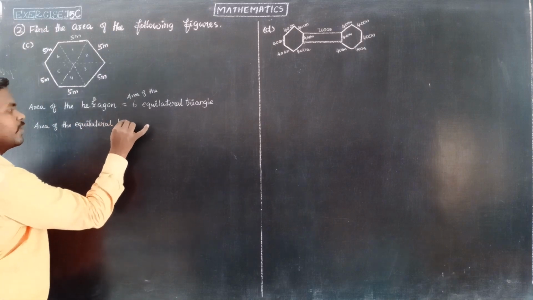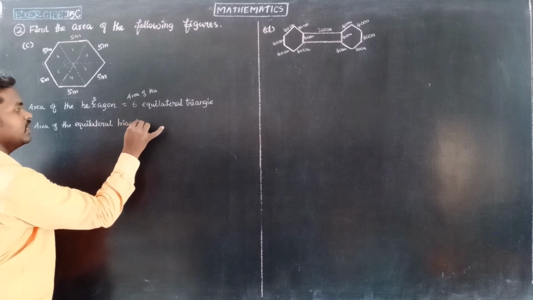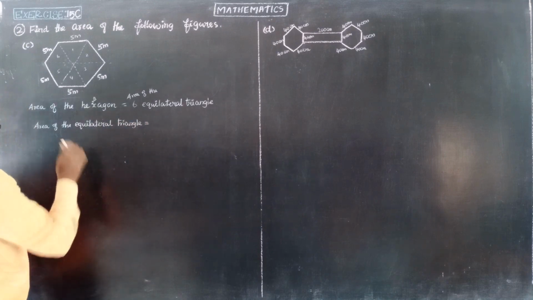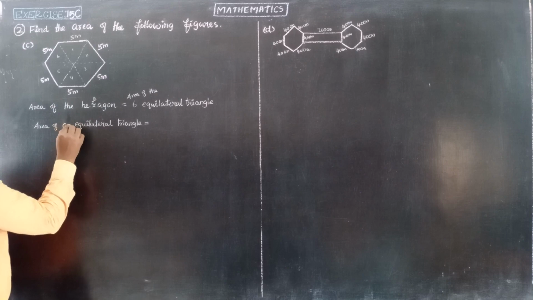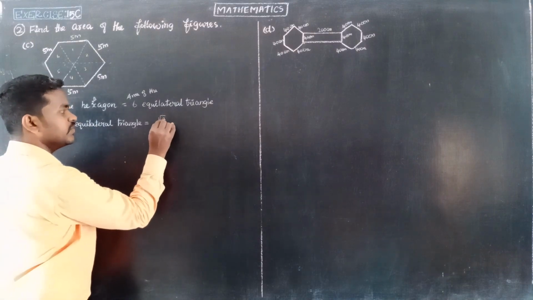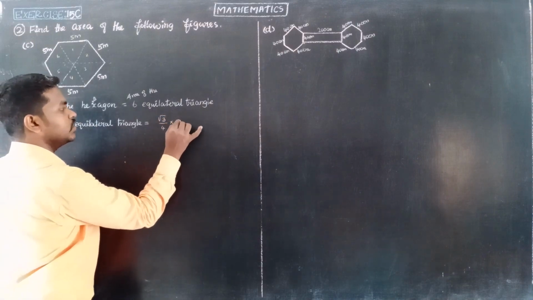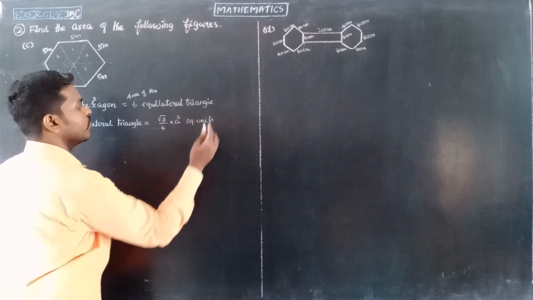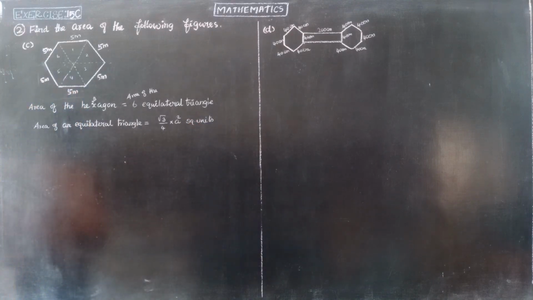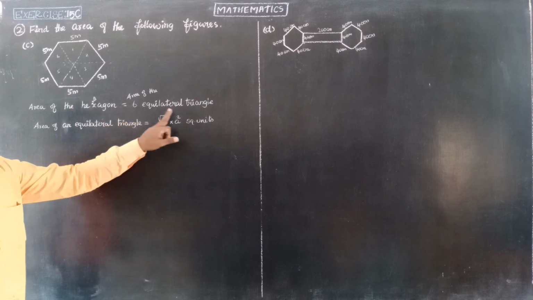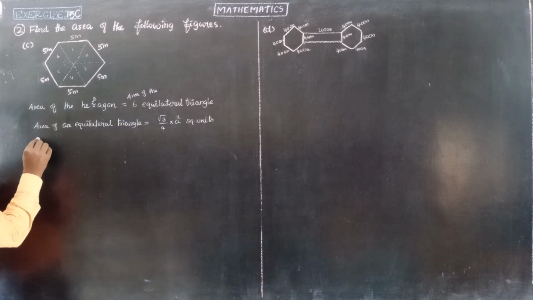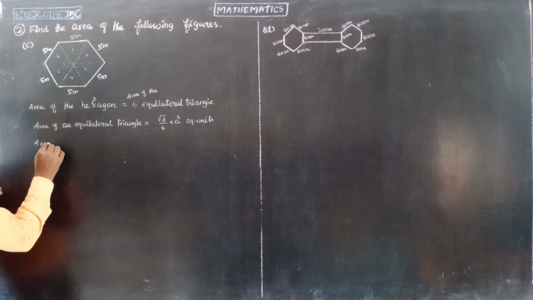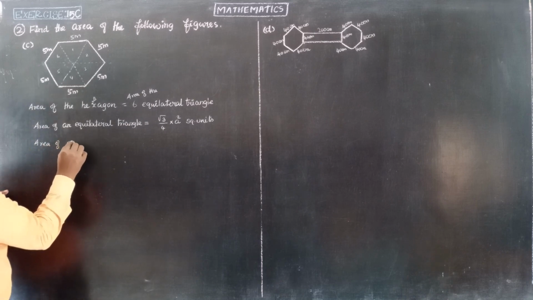Area of an equilateral triangle is equal to root 3 divided by 4 into a square units. So root 3 by 4 into a square units. See here, 6 equilateral triangles. So the area of the 6 equilateral triangles.